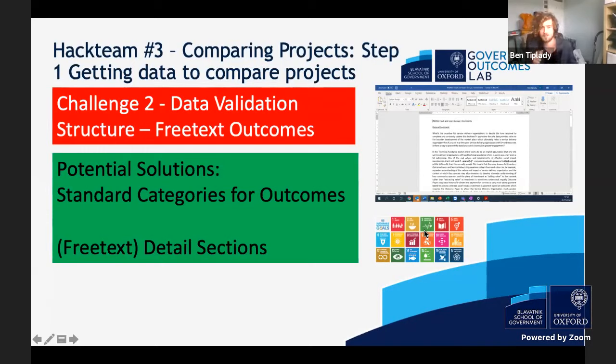But you can do that through standard categories of outcomes. So it was a 6-month training program for young offenders, getting them into employment.